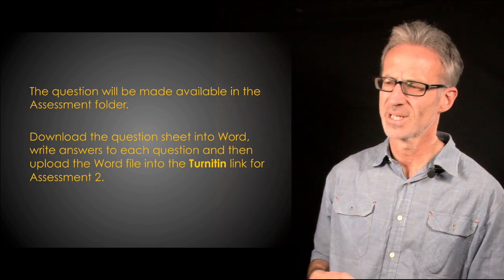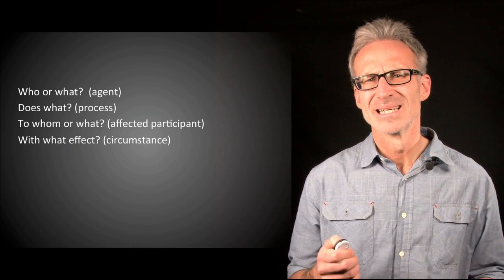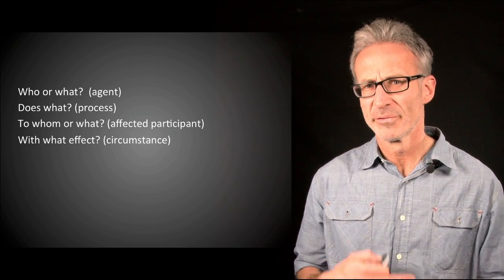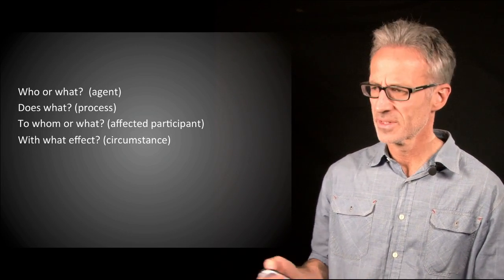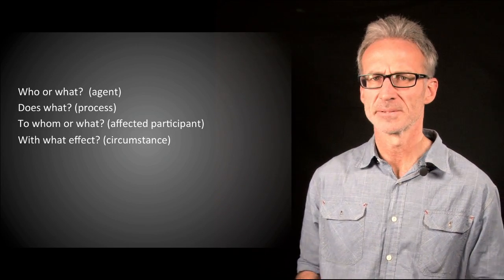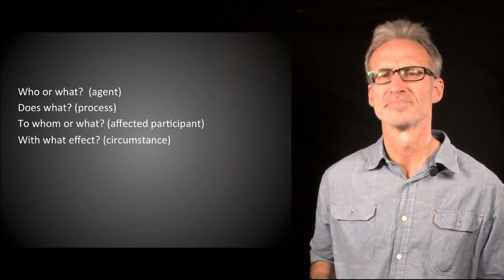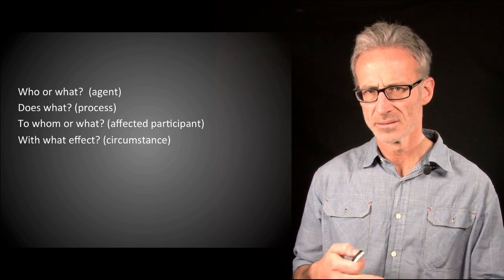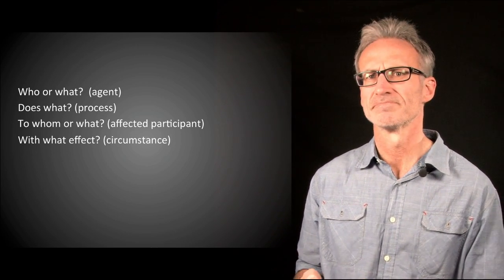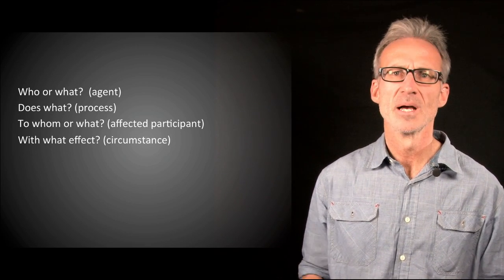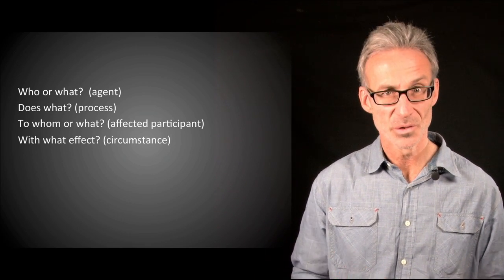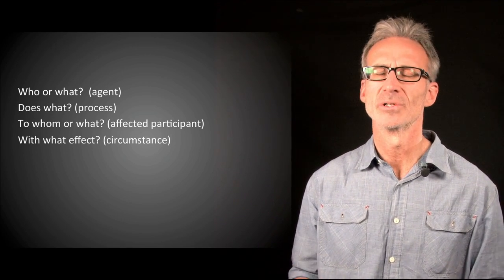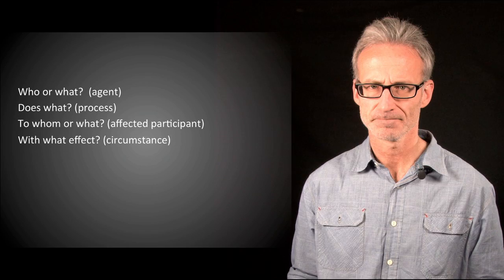Okay, now let's have a look at that analysis again before finishing with a few words about the interpretive part of the assessment. So back to part 1. Before you can break down the text into clauses and then break down clauses into processes and participants, you're going to need to be able to identify the clause.